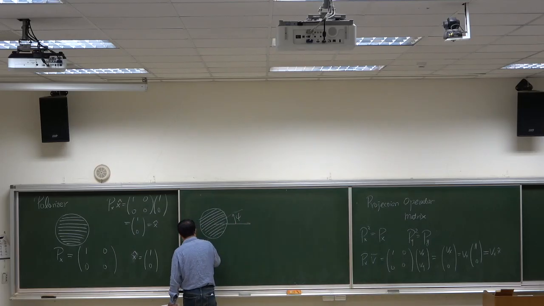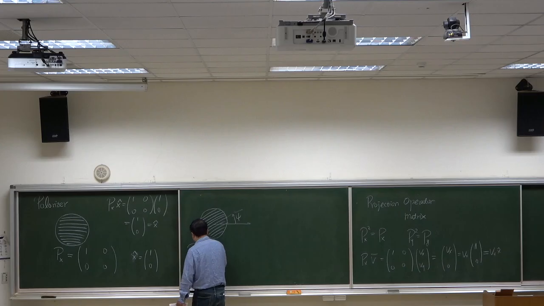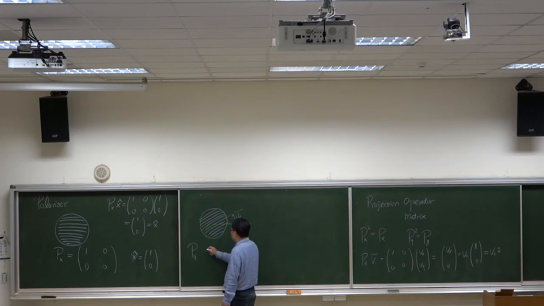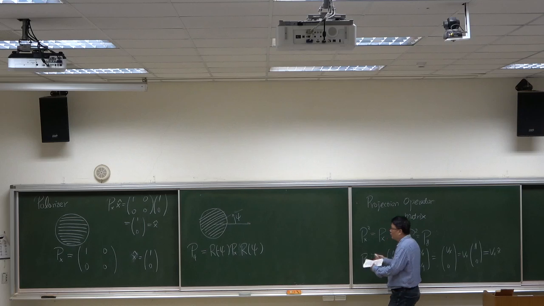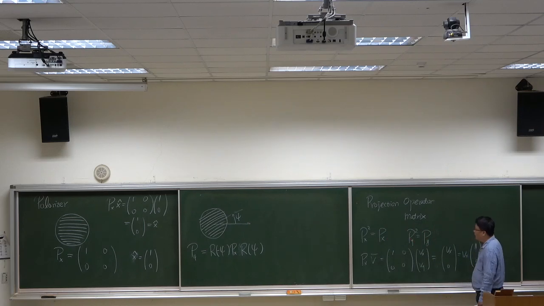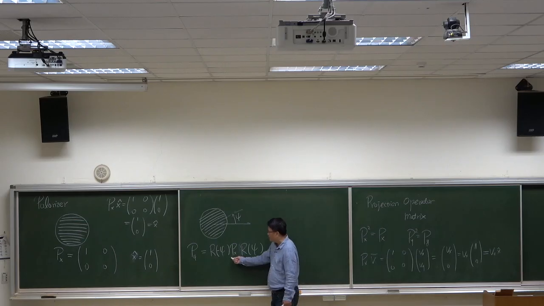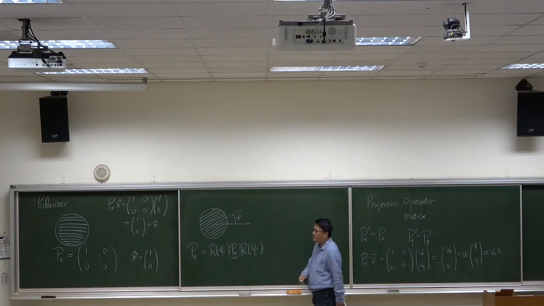Then this polarizer, if I denote it as p psi, then p psi is nothing but r minus psi px times r psi. Just like what we do to the wave plate, but replace W0 by px.